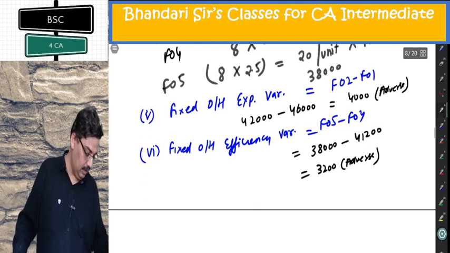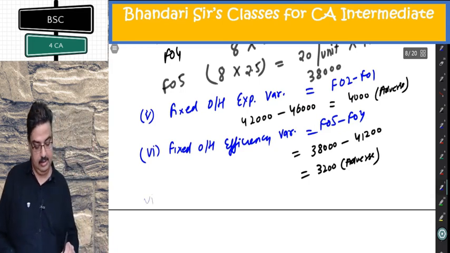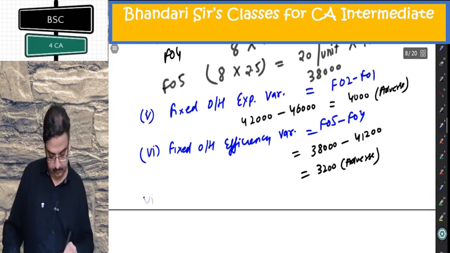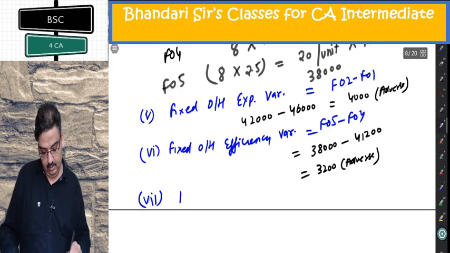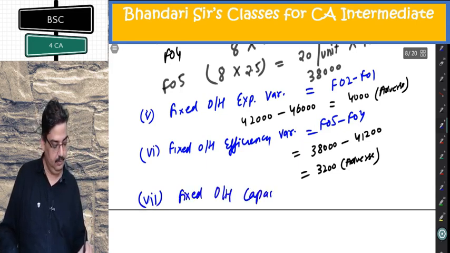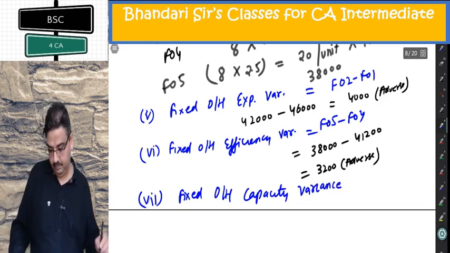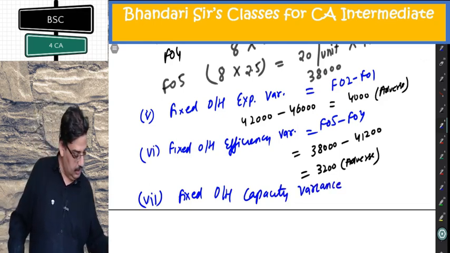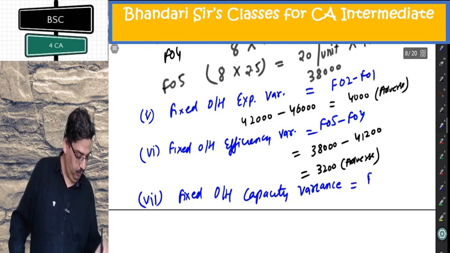Last variance, last question. We are getting the 7th point there. Fixed overhead capacity variance. Capacity variance is FO4 minus FO3.